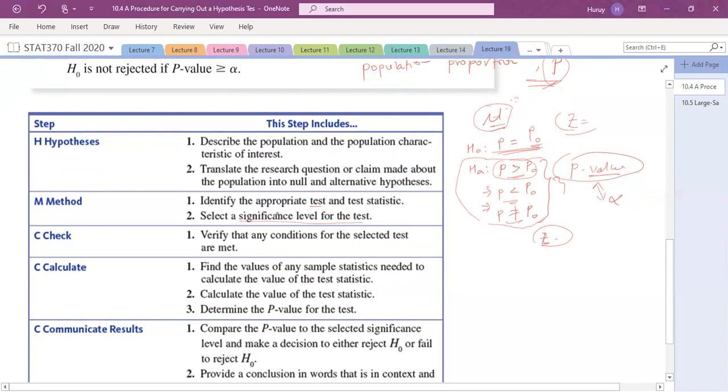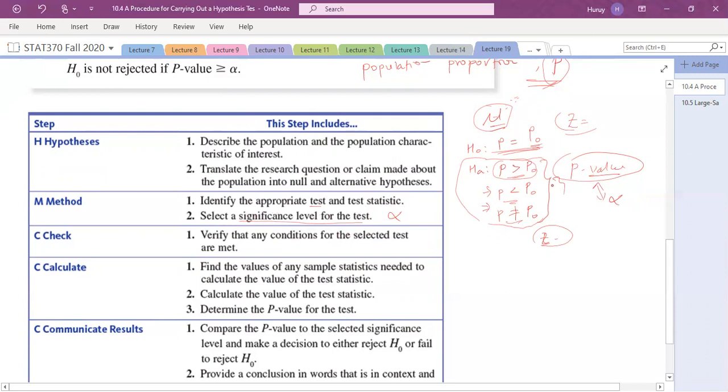If you notice, the significance level is alpha. This is alpha. And you have to select this alpha ahead of time, in advance, before you calculate the z value or the test statistic, or before you find your p-value.